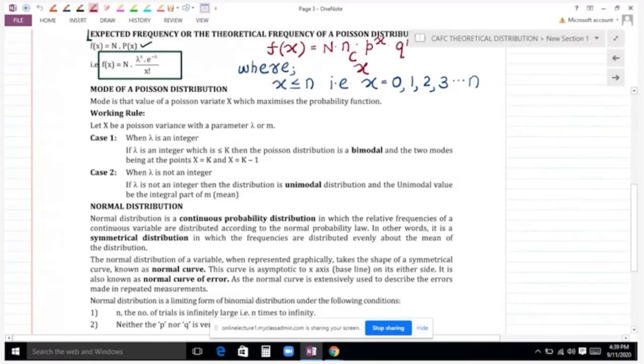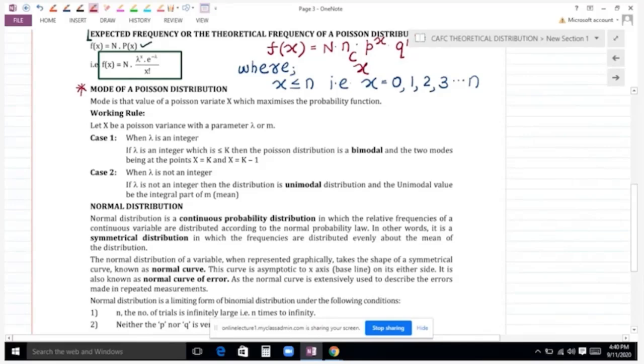So now for finding the mode of a Poisson distribution, I will start with the same meaning. What is mode?